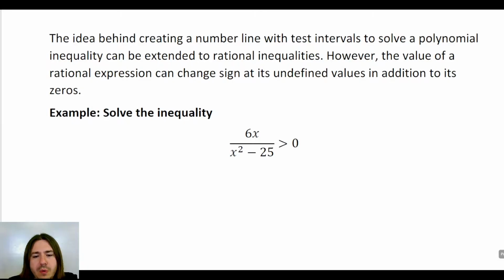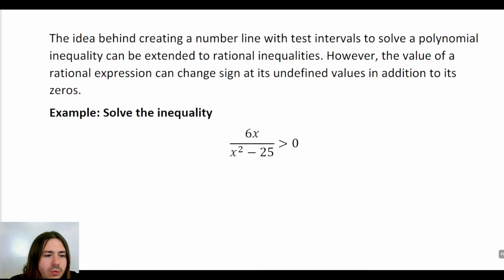With a rational inequality, we also have to look to see where the values are undefined and include those as our sort of points on the number line where the sign could potentially change. Now, there's one other thing that we'll have to put on the number line, and when we get to that, I'll show you. But let's work through one example so you can kind of see what I mean.